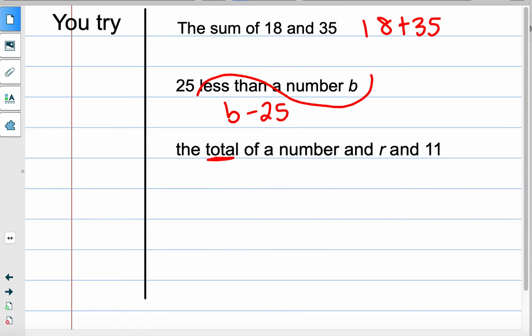Total means to add, so I have a number, r, and 11. The total of a number, r, and 11. The way this one's written, and maybe I wrote it wrong, was a total of a number. So we'll use, I don't know, n for number, and r, and 11. We're adding them all up together.